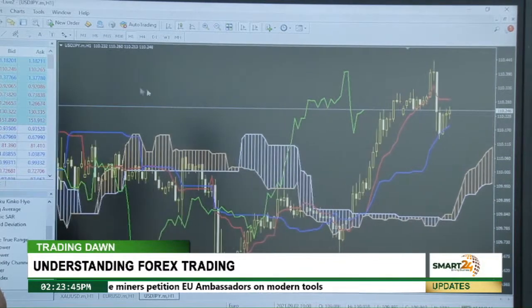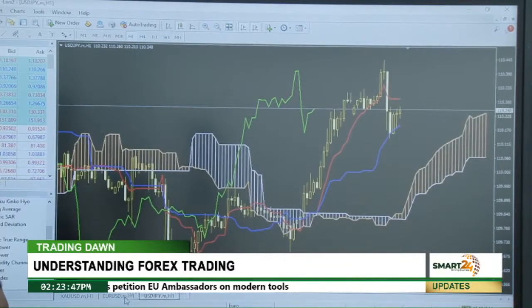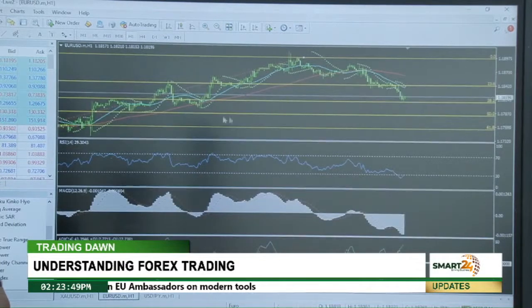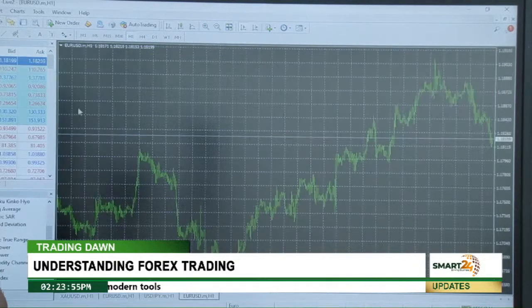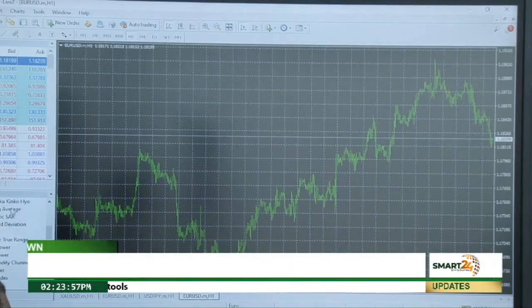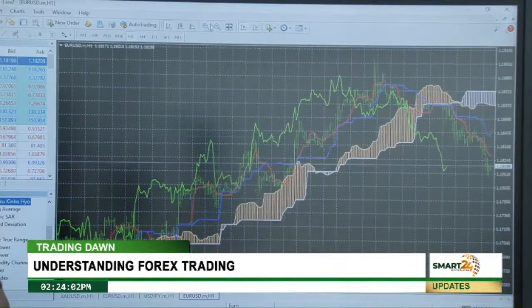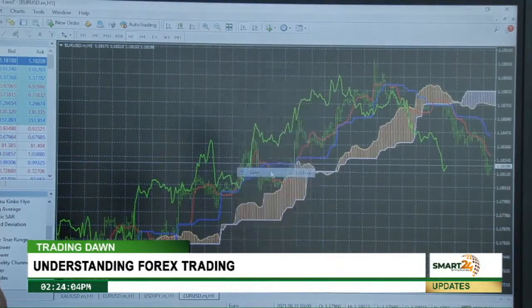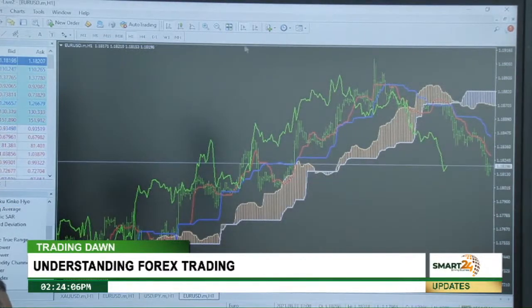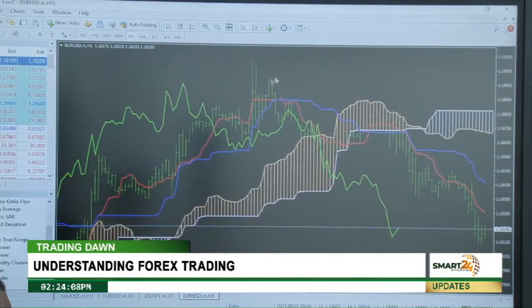Let me load this Ichimoku into the Euro USD, and we see how it could have helped us pin out that reversal better. It's normally for Japanese charts, but you can apply it on these other charts here, and maybe just maybe you can have a better trading experience.